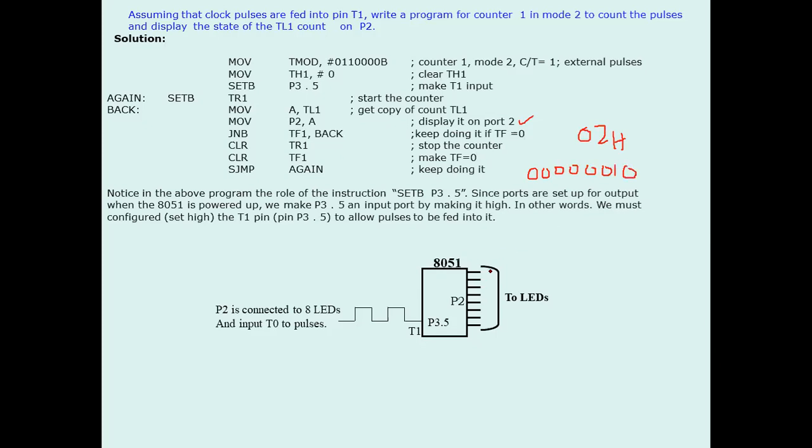Clear? So if it is fed to these pins, this pin will glow. If an LED is connected to this pin, that LED will glow, and all the other LEDs will be off. Clear or not? Yes sir, clear.